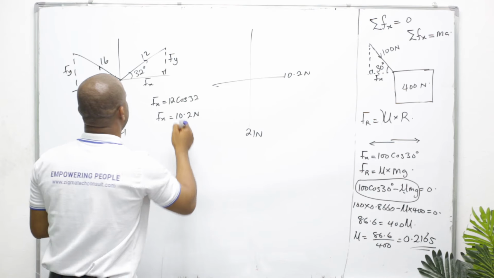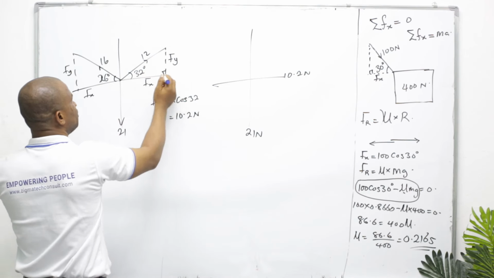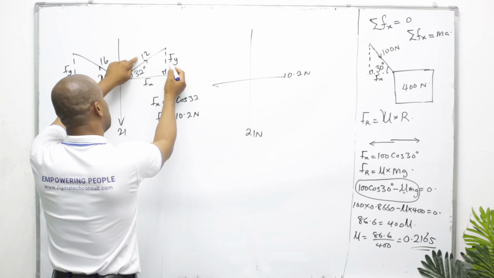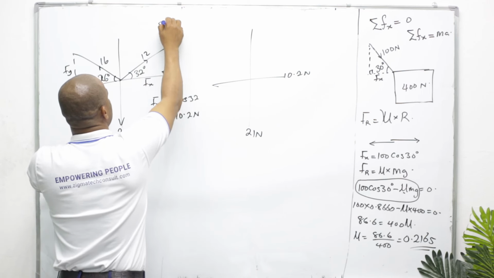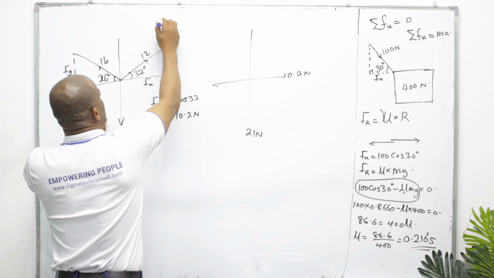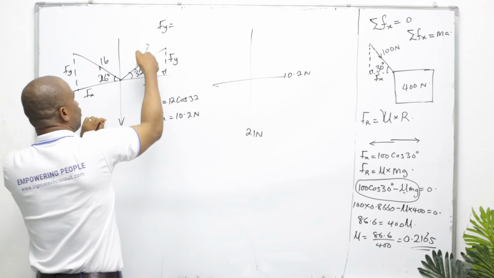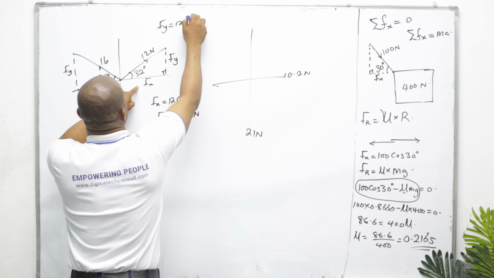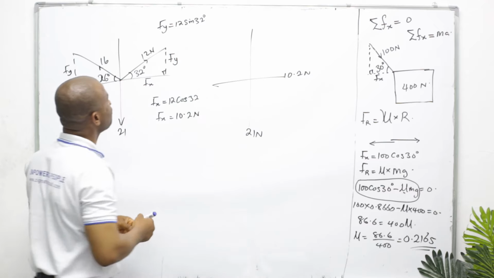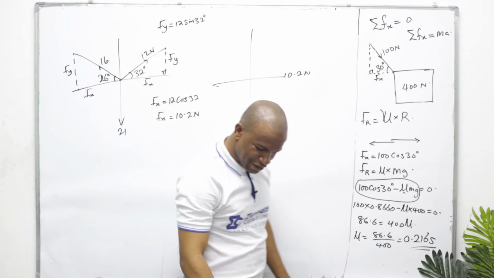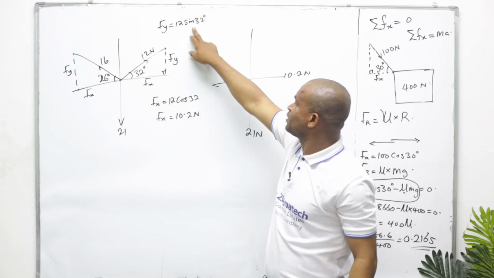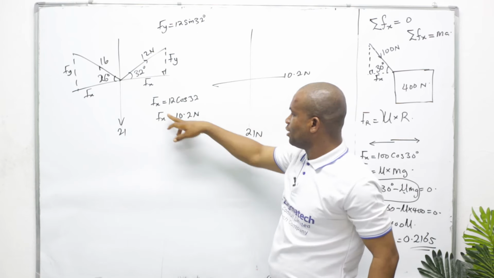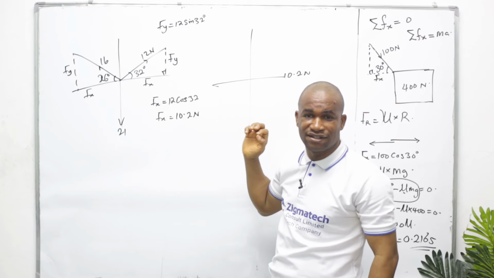Okay, so the next one I'm going to resolve this same one to the vertical. It's going to be opposite over hypotenuse, which is sine. So this is Fy, the vertical component of this force, which is going to be 12 sine 32. Maybe sine 30 is 0.5 and cos 30 is 0.8660.